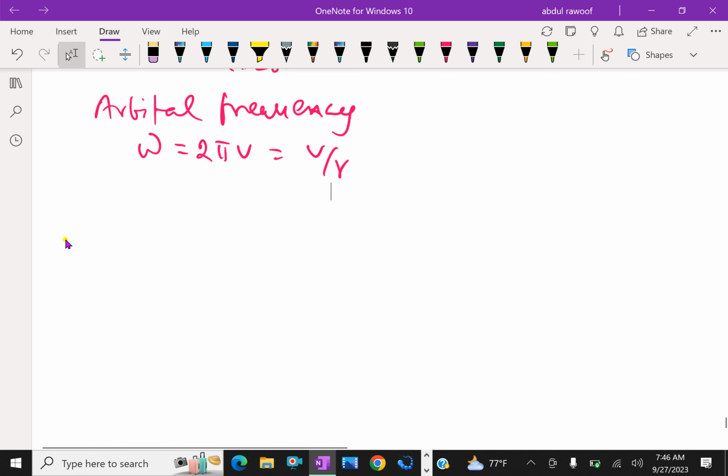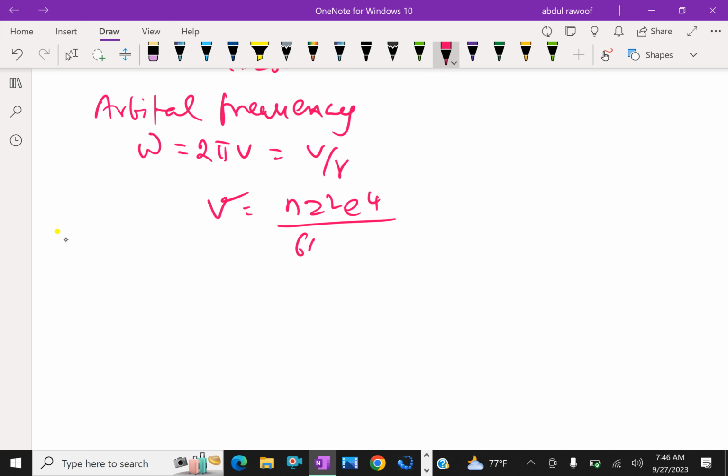Therefore, we can see the orbital frequency, after calculation, is Z squared e power 4 m over 64 pi squared epsilon 0 squared h cube.